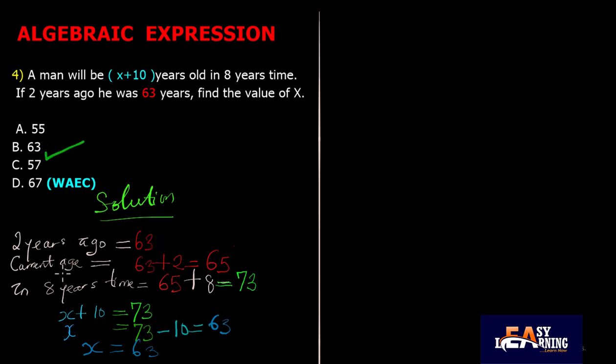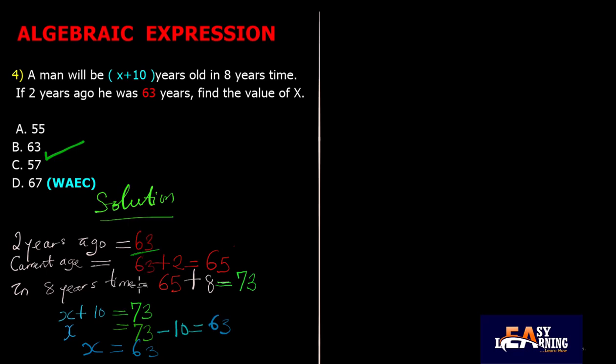So we're given that 2 years ago the man was 63 years old. For us to know how old the man will be in 8 years time, we need to know his current age.